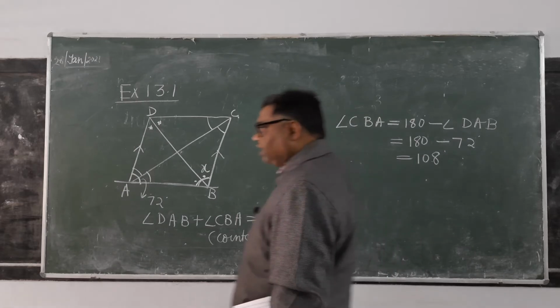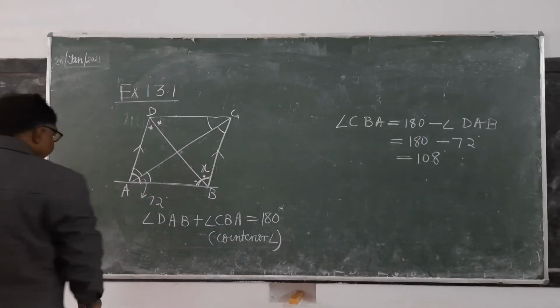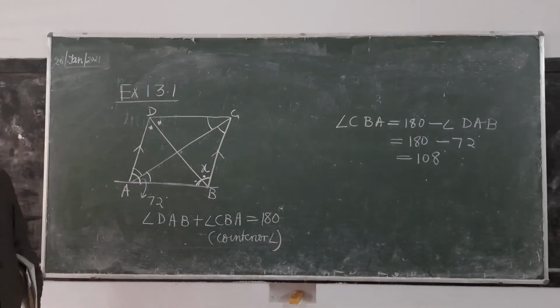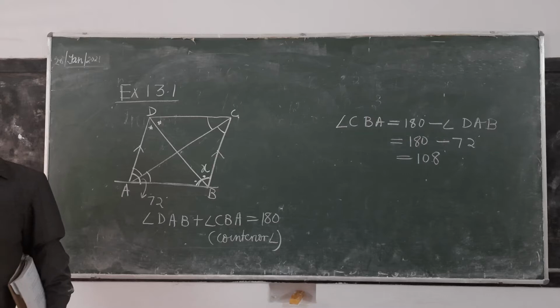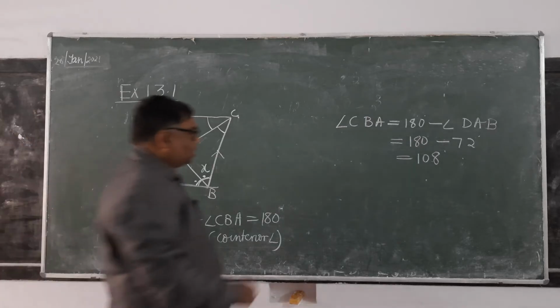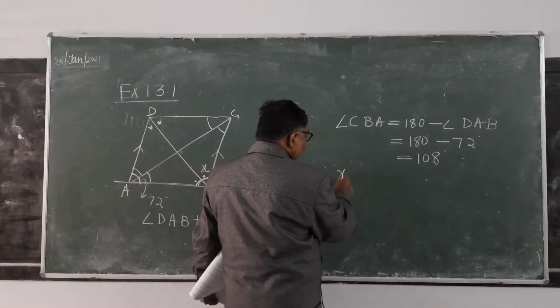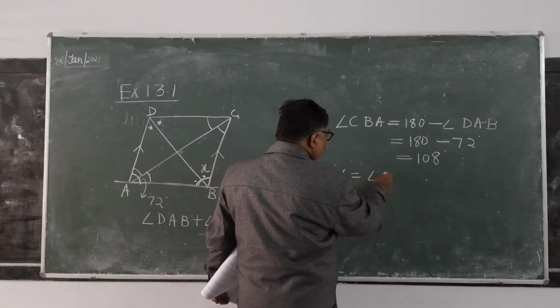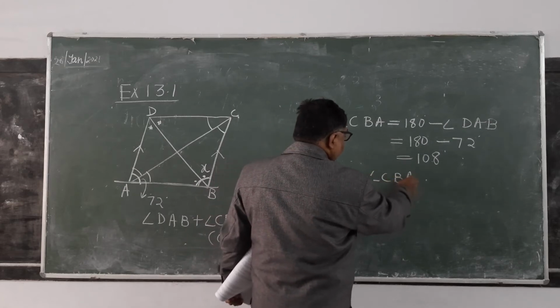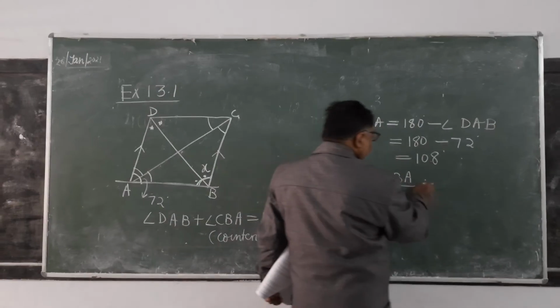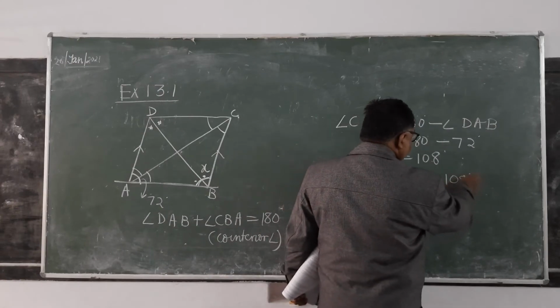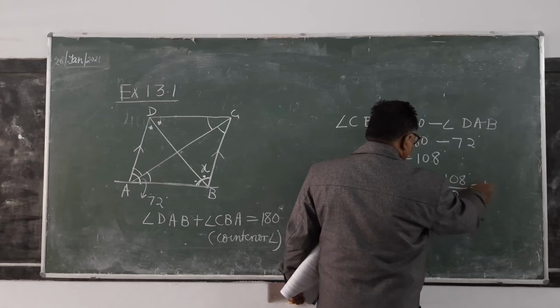So what will be x here? How can you find? x equals to, yes. And by which property? Diagonals of rhombus bisect the vertical angles. Therefore, x equals to angle CBA upon 2. That is 108 upon 2, so 54 degree.